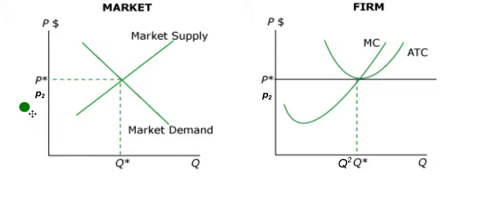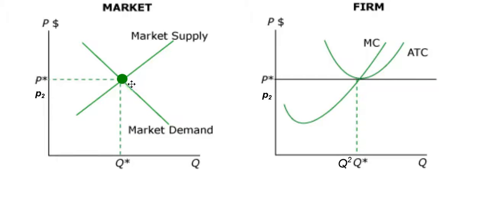I've got this price 2 here to save that spot for the next part of the problem. But for this first part, you just need the equilibrium price and quantity for the market.